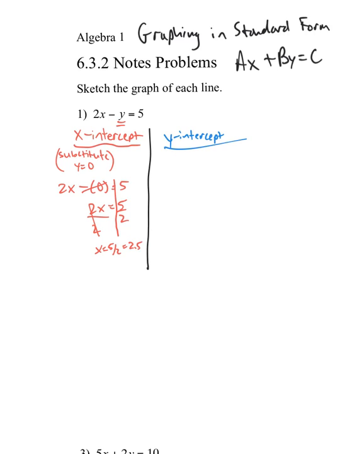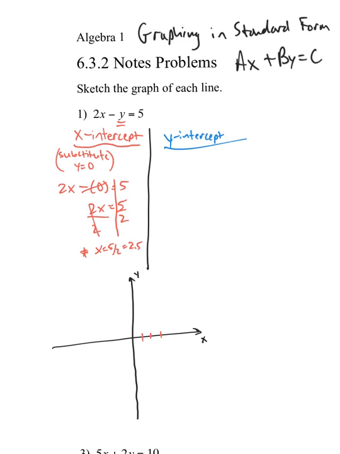Okay, so I prefer, guys, as I find my intercepts, to create my graph. So, guys, we have an x-axis. We have a y-axis. Our x-intercept, which is x equals 2.5, is going to be 2.5 on the x-axis.